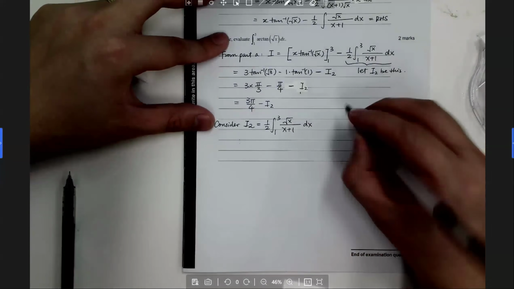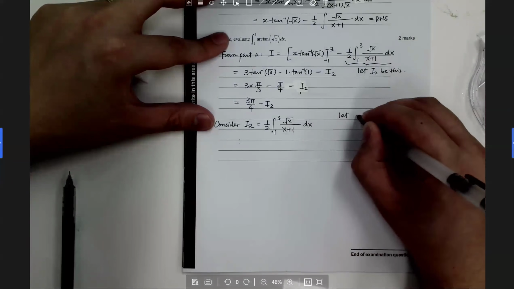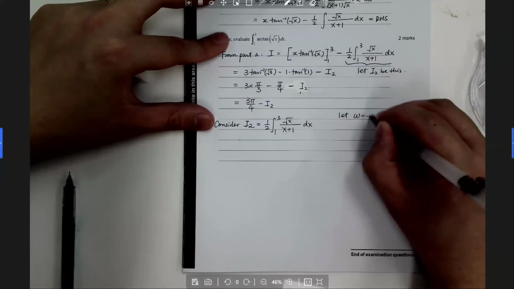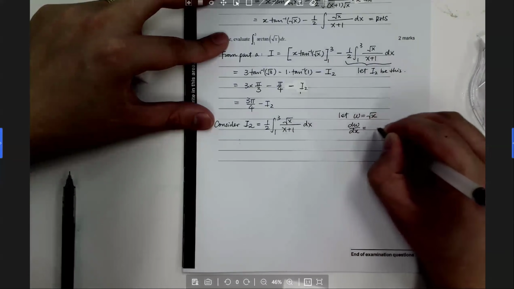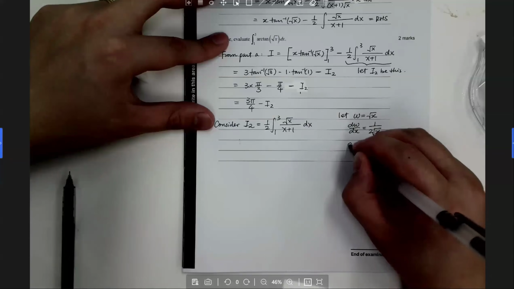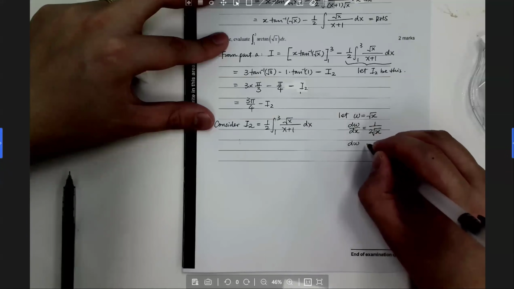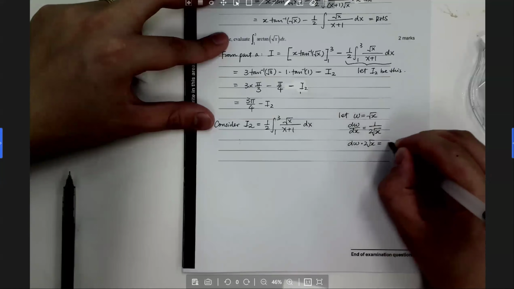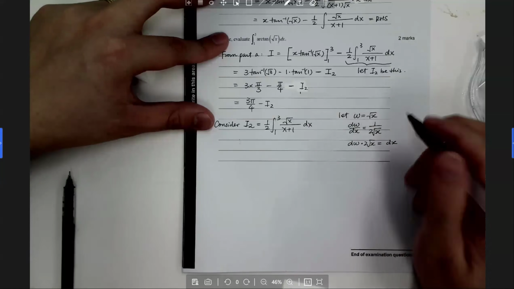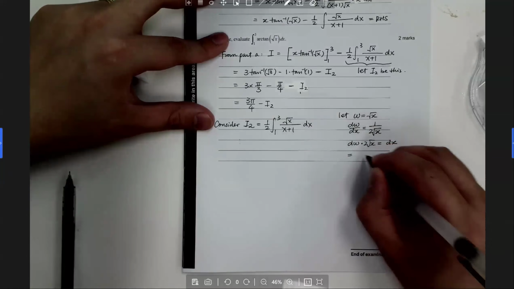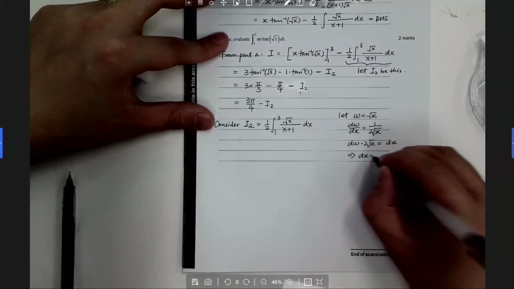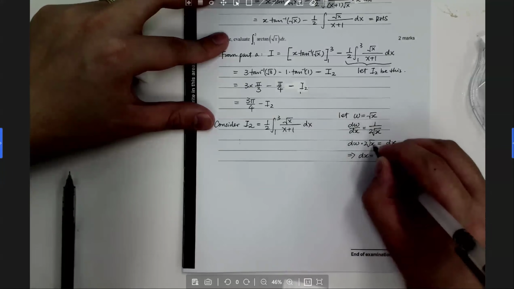So we say, okay, let w equals square root of x, dw dx equals 1 over 2 square root of x. So dw times 2 root x equals dx. The purpose of doing this is because I want to change the dx in terms of dw. And I also notice my dx can be written as dw times 2 root x, which is 2w.